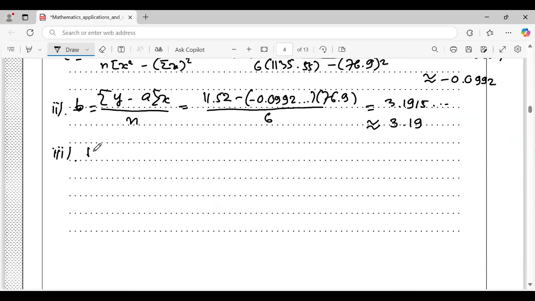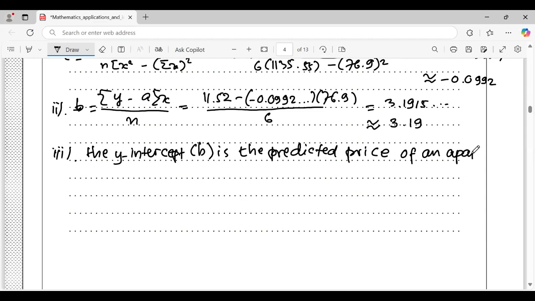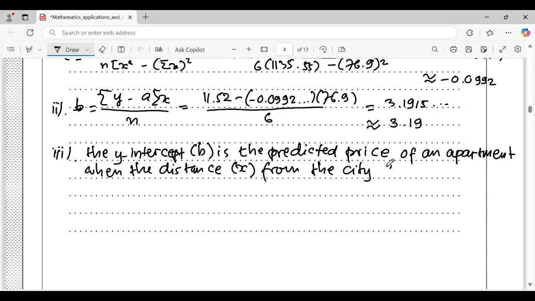In this context of this study, the y-intercept, as I informed you just now, the y-intercept or B is the predicted price of an apartment when the distance from the city center is 0.